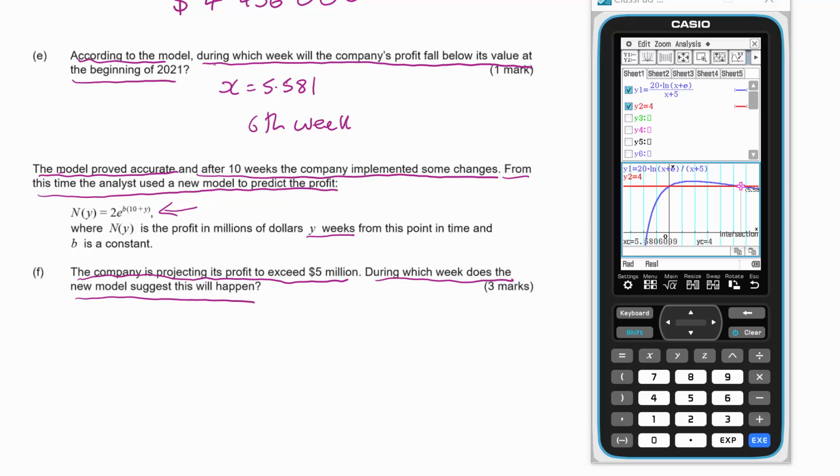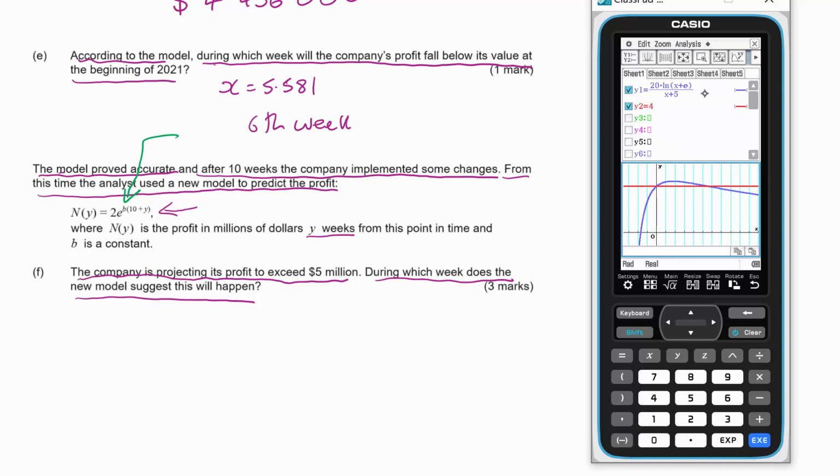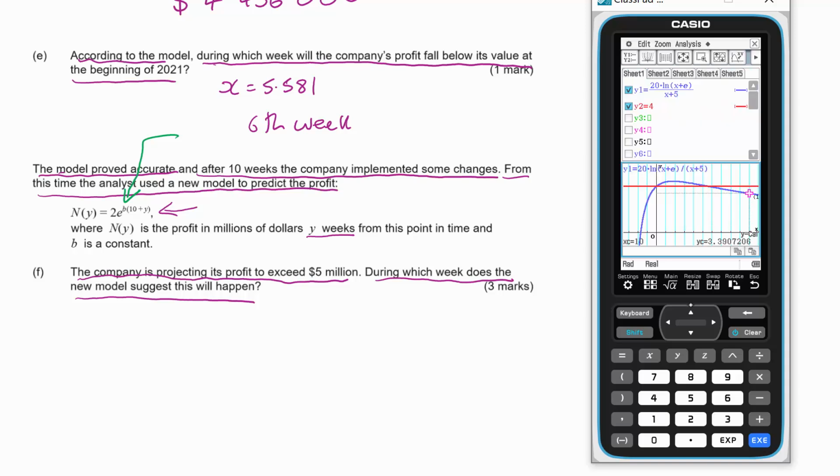The first thing we need to do here is establish the value of B. So we want to know, using the old model, what the profit was at the time we made the changes. Now, while I've got this graph up here, I can probably use that. So let's just do a y-calc using that graph when x is 10, and that gives me 3.3907.